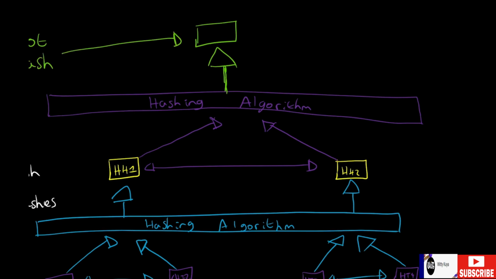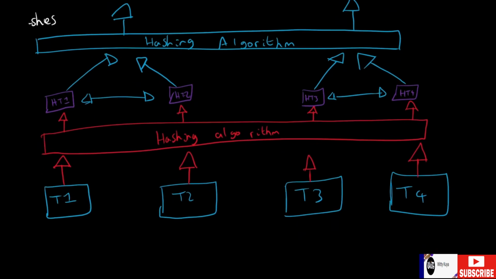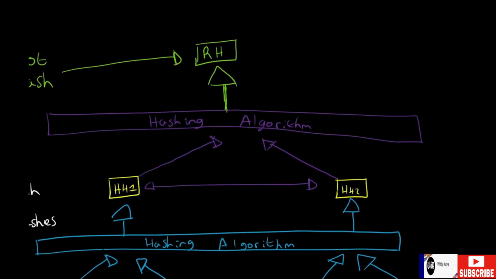I'm going to call this RH. And this root hash is the eventual hash of going through the Merkle tree with all of the transactions. Whether you have 4 transactions, 1,000,000 transactions, 2,000, however many you have, doesn't matter. You ultimately get to a root hash, and that's the whole point of the Merkle tree, is getting a root hash.